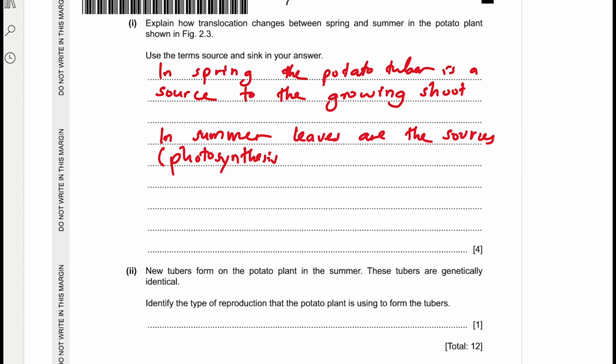Photosynthesis occurs in leaves, right? And potato tubers are sinks, which means now they store what is being produced in the process of photosynthesis. Unlike spring, when the potato tuber was a source while the shoot was a sink, in summer the potato tuber is now a sink while the shoots or the leaves are sources.